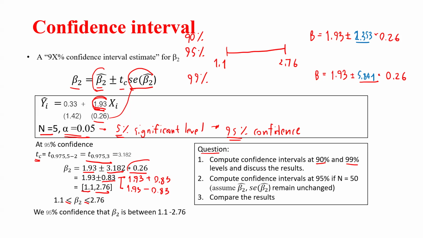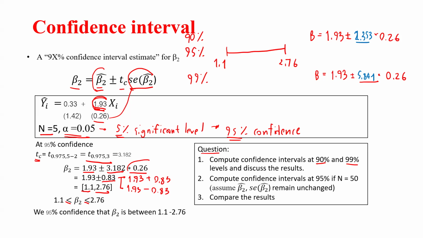Without any calculation, how about 99% compared with 95%? Is it wider or narrower?